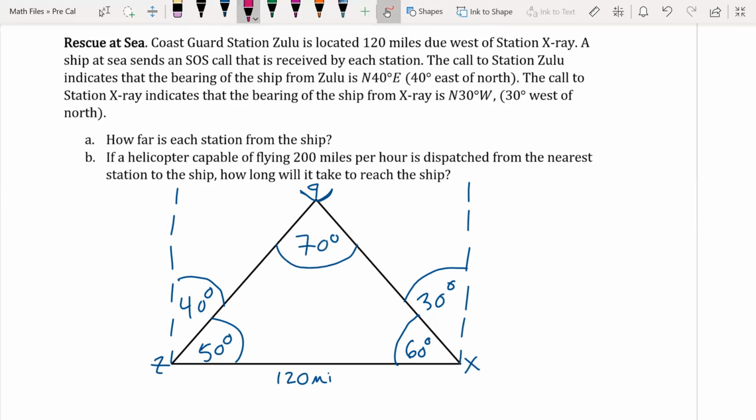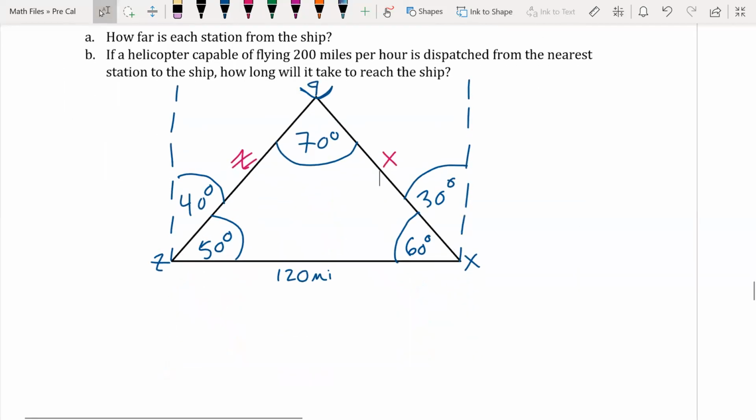So here is the length for Zulu, and here is the length for X-ray. And we want to know how far is each of them from the boat.